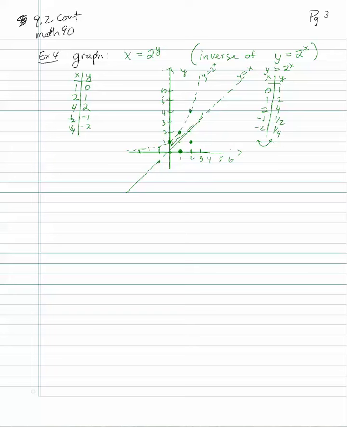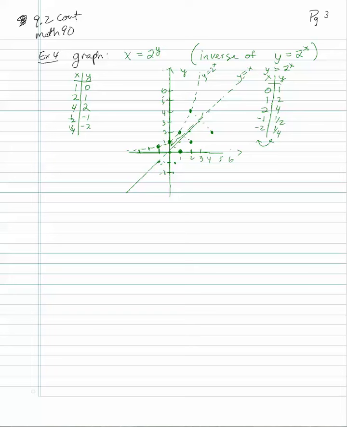This is 2, 4, flip it over, it'd be 4, 2. See this mirror image here. Or I can just switch the x and y, either way. This point, 1, negative 1, 1 half, so I'm going to do 1 half, negative 1. This point, negative 2, 1/4, so 1/4, negative 2.